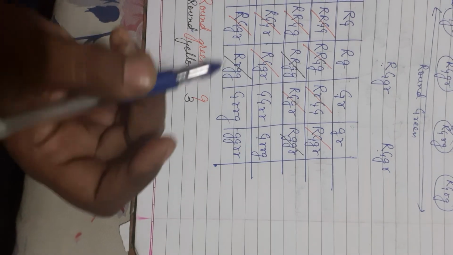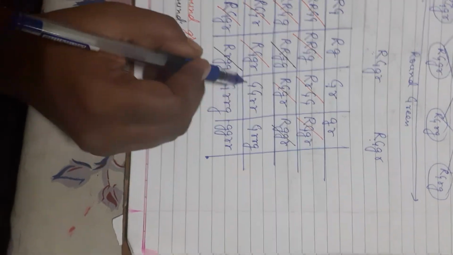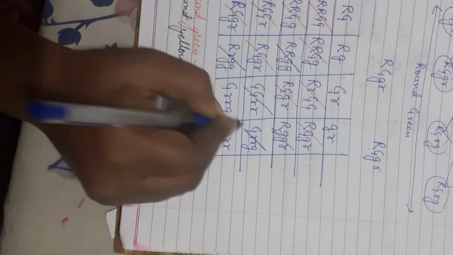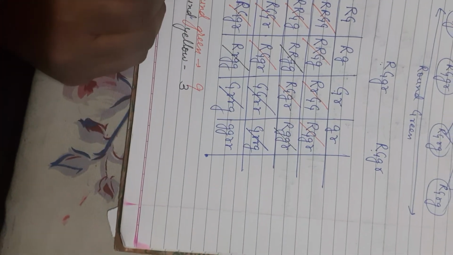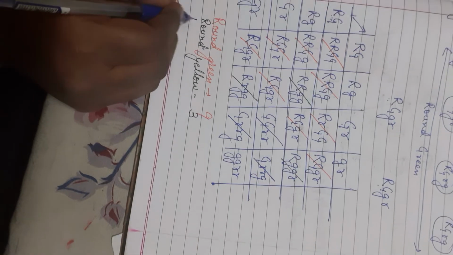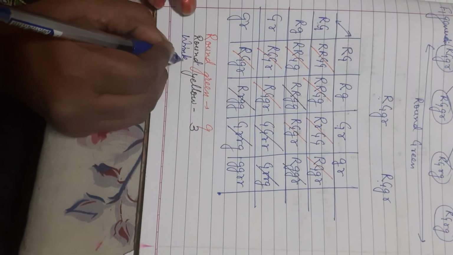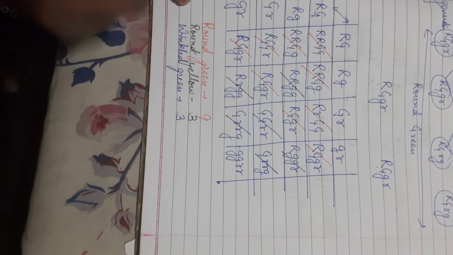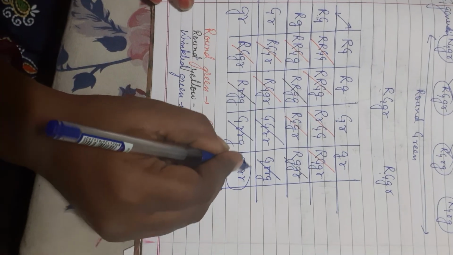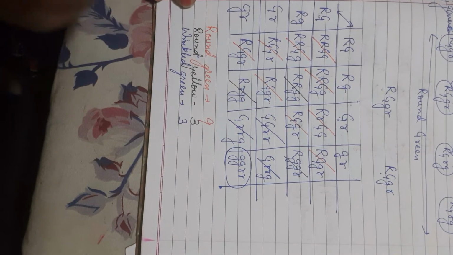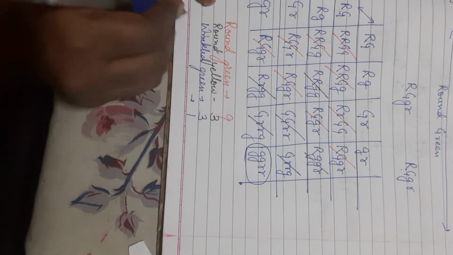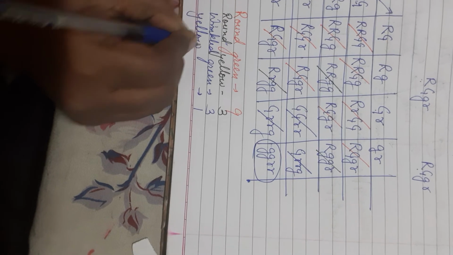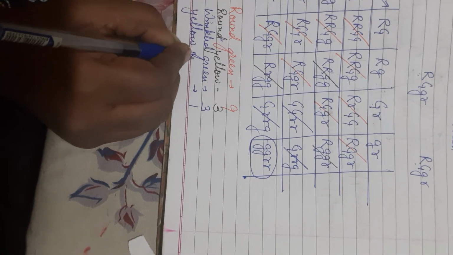Now let us take another one where capital G and small r, this and this. So we are having wrinkled and green. How many? 3. And what is left now with us? The only one, which is the recessive one, that is yellow and wrinkled.